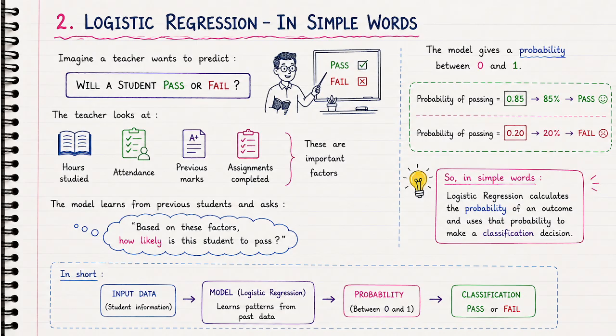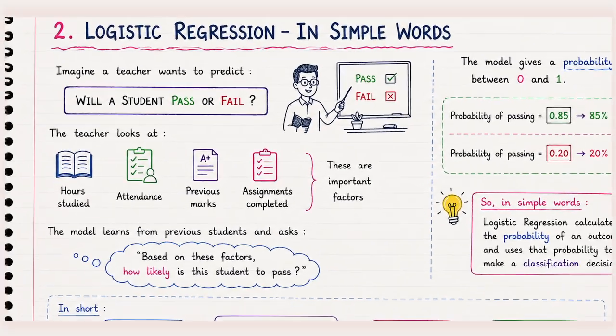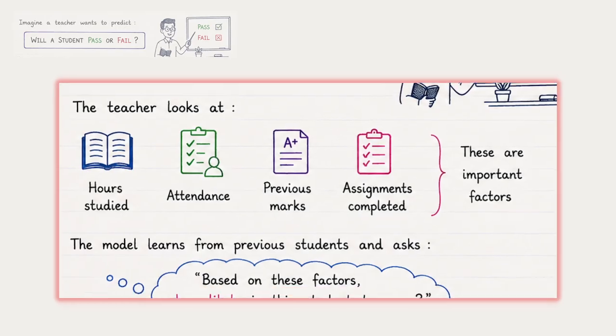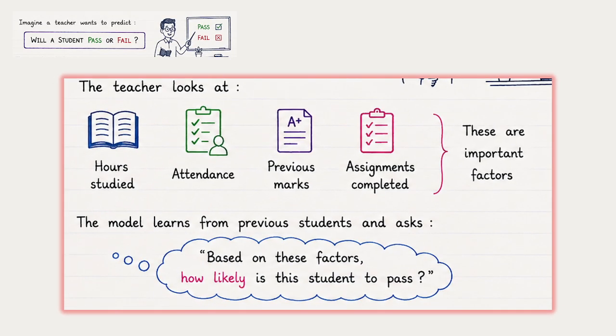Let's understand logistic regression with a simple example. Imagine that a teacher wants to predict whether a student will pass or fail. Now, the teacher may check many parameters about the student, right? For example, how many hours does the student study? What is the student's attendance? What marks did the student get previously?